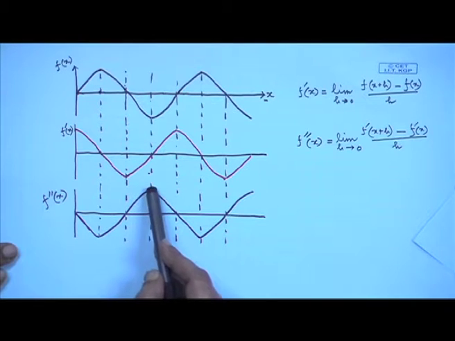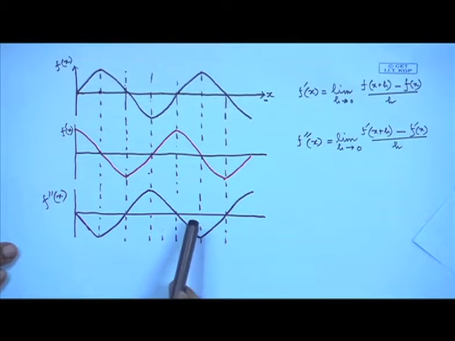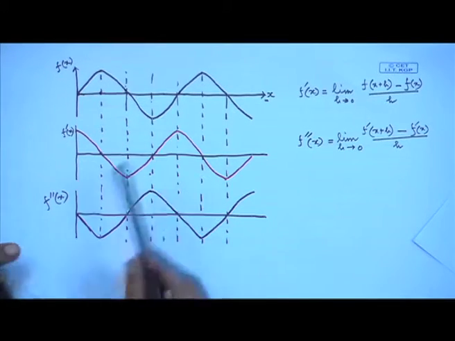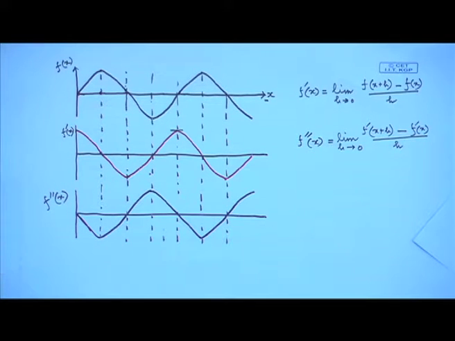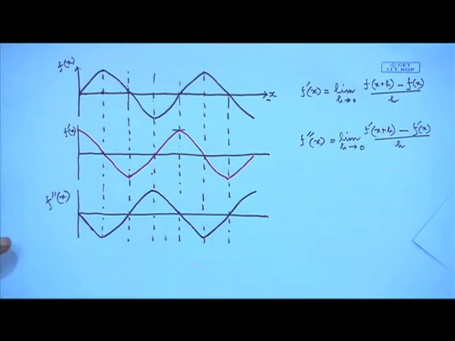That is why this function is coming positive, again coming down. Here it is 0 because the tangent at that point would be parallel to the x axis, and here it is 0, again decreasing, negative, that way it will move.